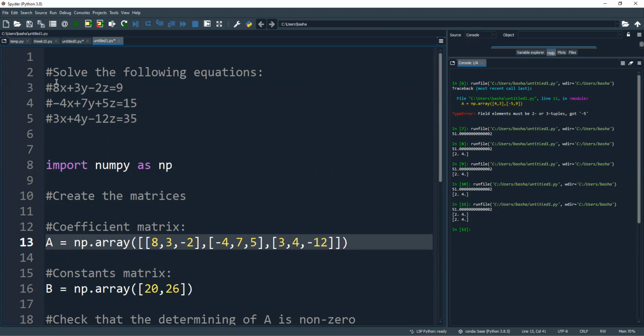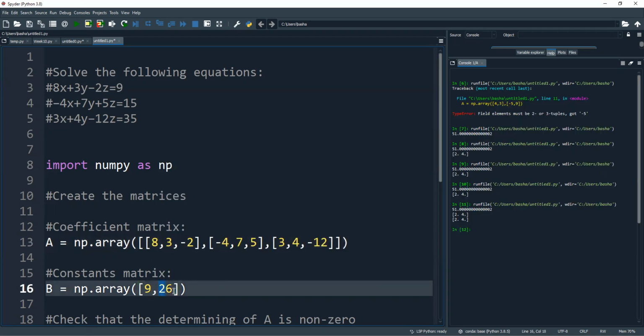So this is my coefficient matrix. 8, 3, -2, coefficients of the first equation. -4, 7, 5, coefficients of the second equation. 3, 4, -12, coefficients of the third equation. Constant matrix now becomes 9, 15, 35, right? This is the constant matrix. I just list the constants next to each other in a matrix, okay?